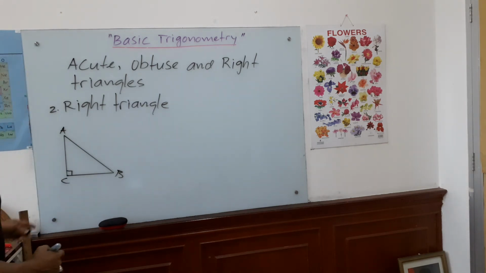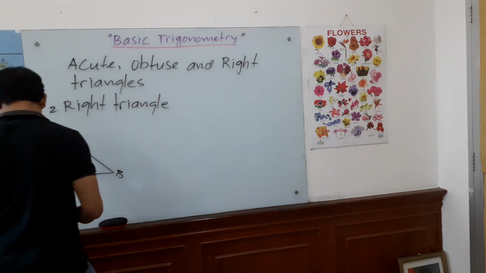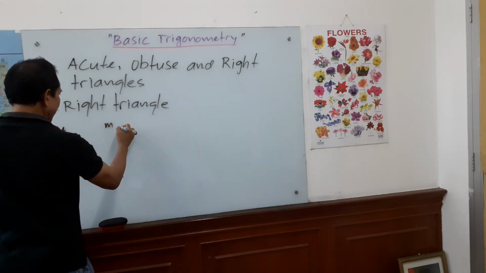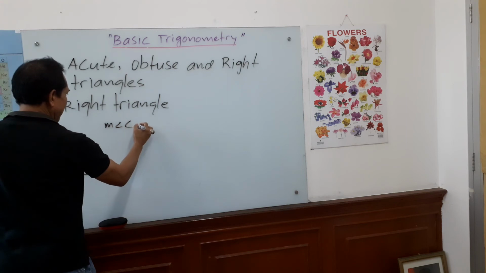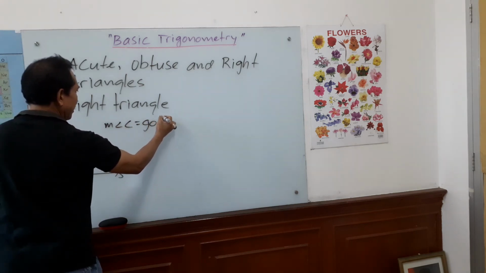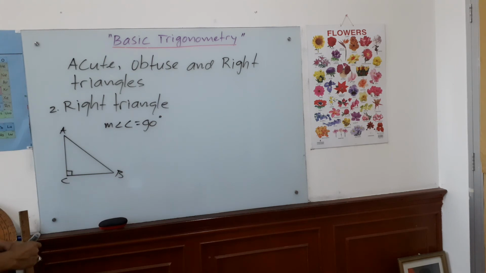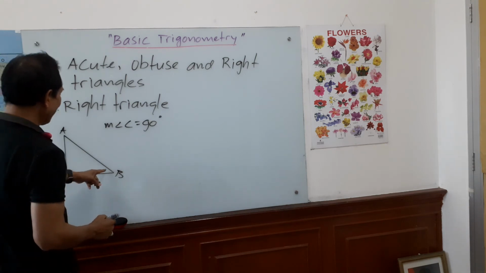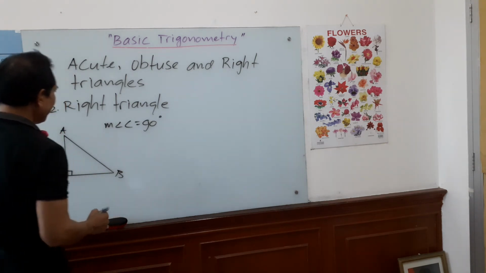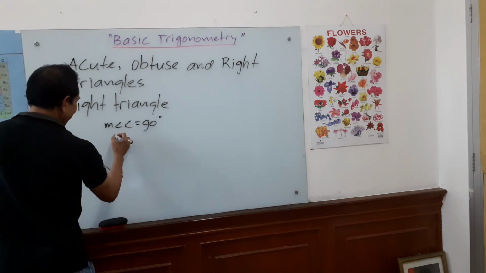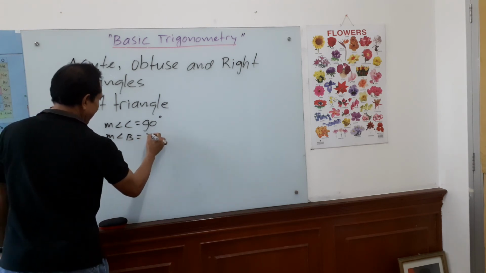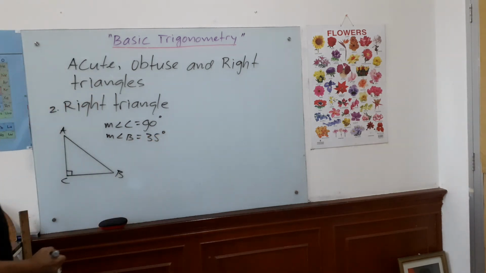So, A, B, C. We know this C equals 90 degrees. Now, for example, this one is 35 degrees, B, okay?